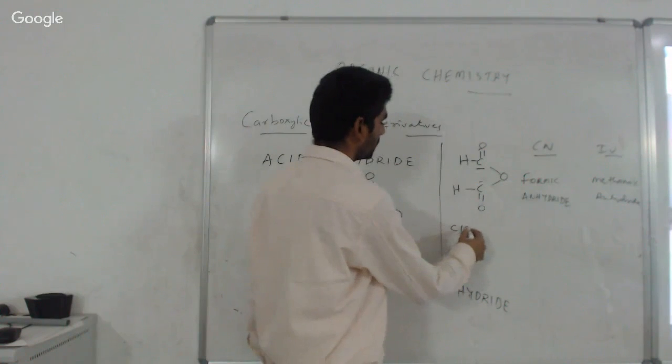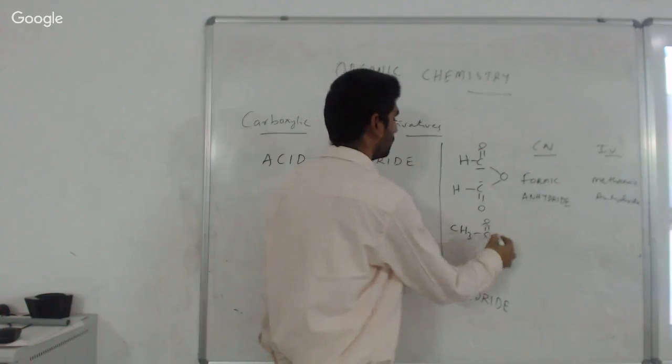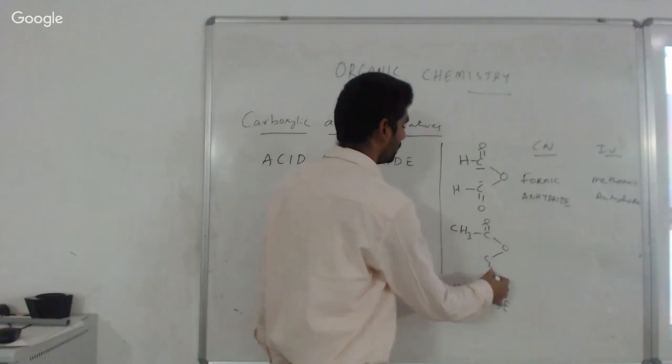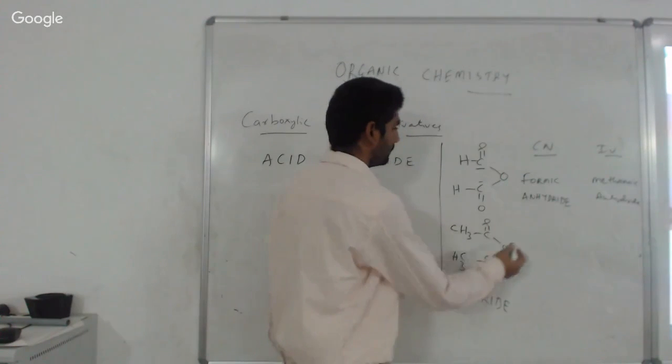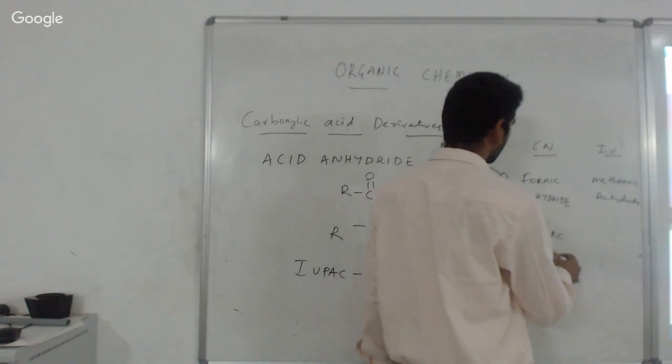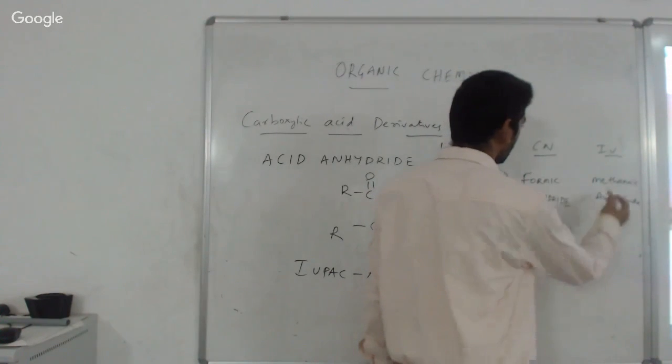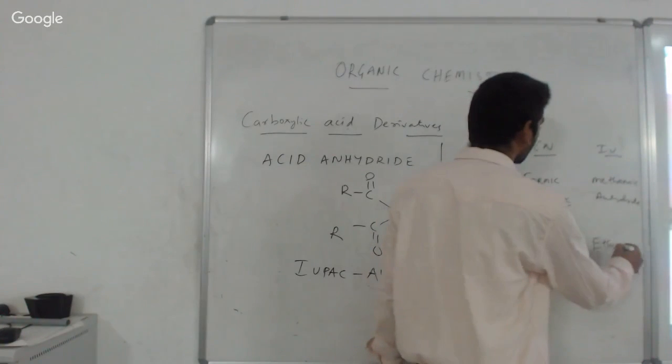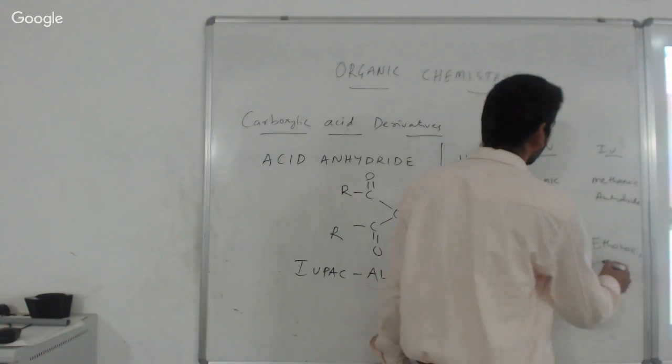Important one is acetic anhydride, very important. Here ethanoic anhydride is the IUPAC name.